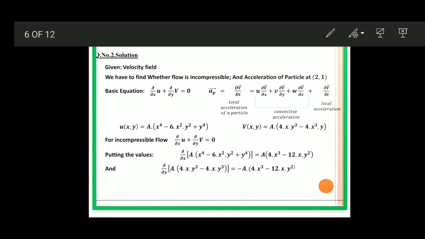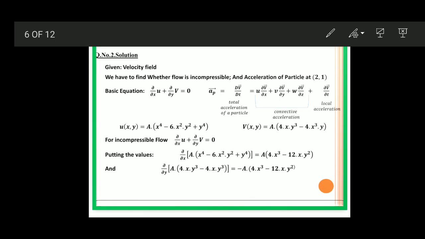Here, given the velocity field in the question, we have to find whether the flow is incompressible and the acceleration of the particle at the point 2, 1. We know the basic equation: del x u plus del y v equal to 0.